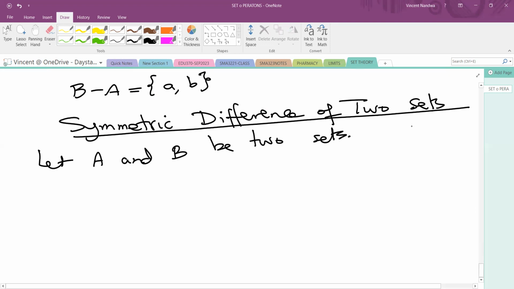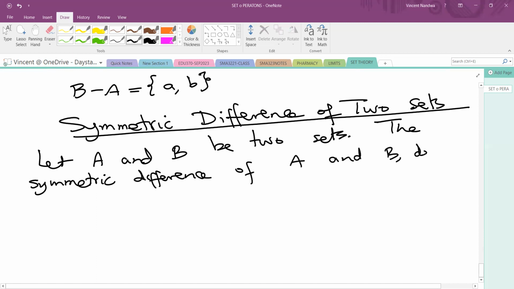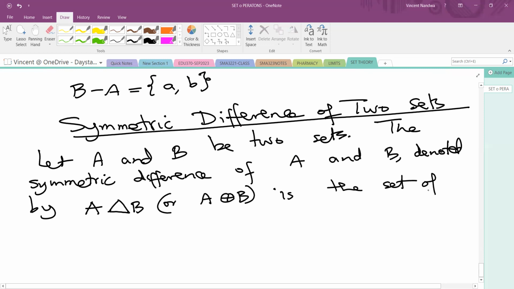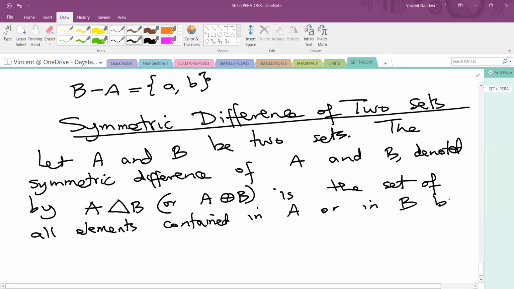The symmetric difference of A and B, denoted by, or some people denote it as, is a set of all elements contained in A or in B, but not both.